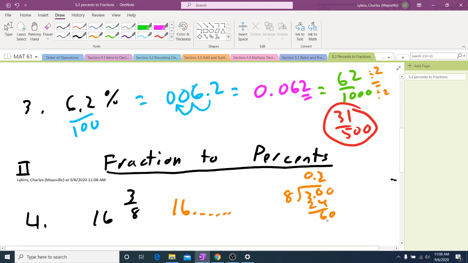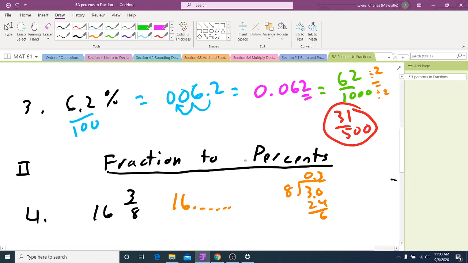Bring down the 0. 8 goes into 60. Hold on, that messed up. Okay, 8 goes into 30 3 times. Then what I do is bring down my 0. 8 goes into 60 7 times. And then 8 times 7 is 56.